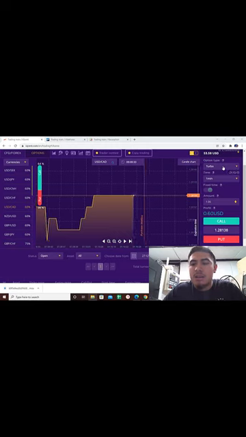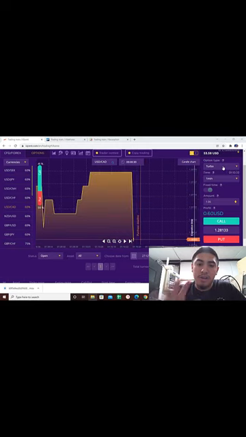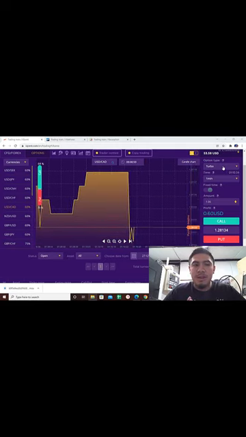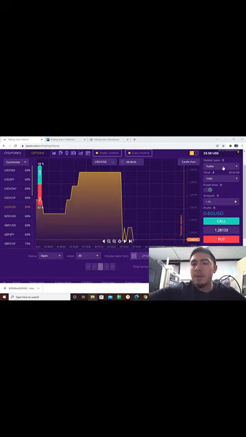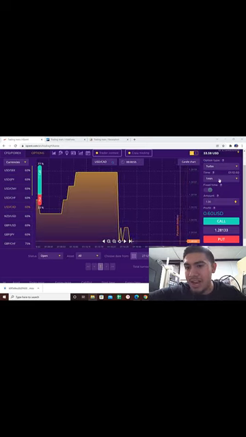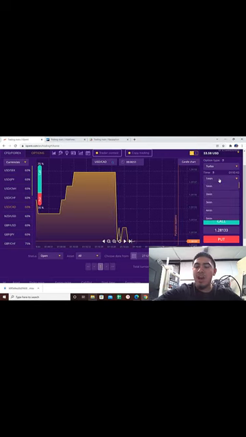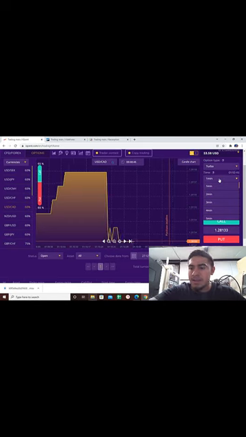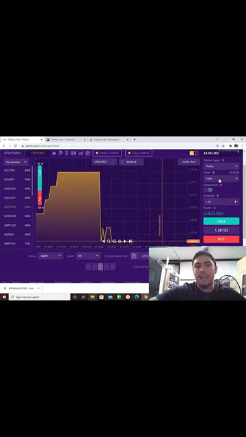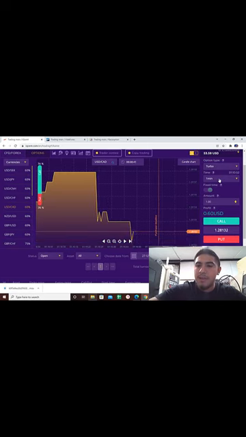I always tell people to leave it on turbo if you're trying to trade a short period of time, which is my favorite. Where it has time, you're able to select how long you want the trade to last. It has 1 through 5, but it actually goes up to 30. For now I'm just going to show 1 through 5.